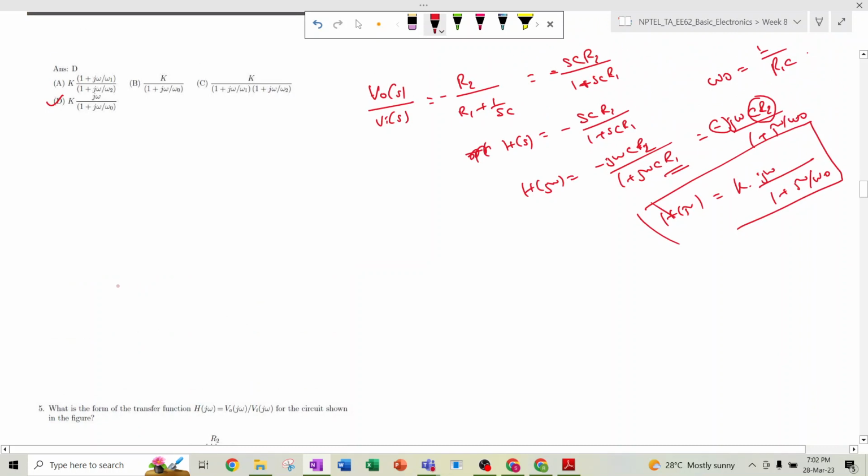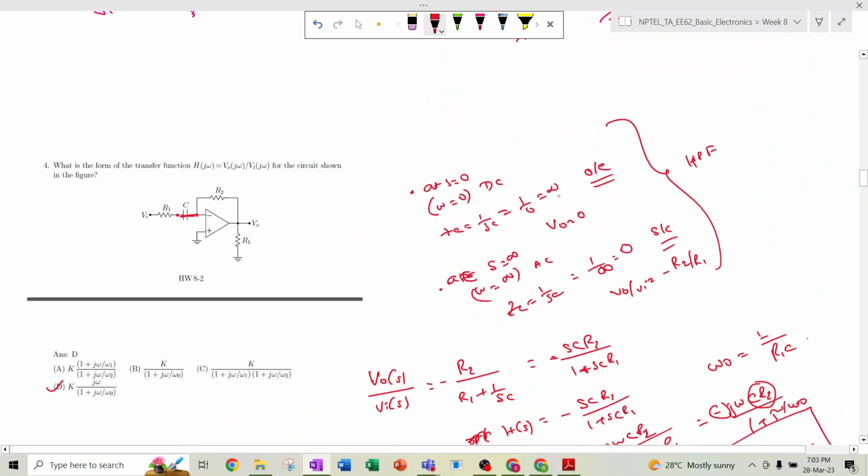So remember one thing, for the low pass filter, the transfer function will be in the form of K divided by 1 plus something.